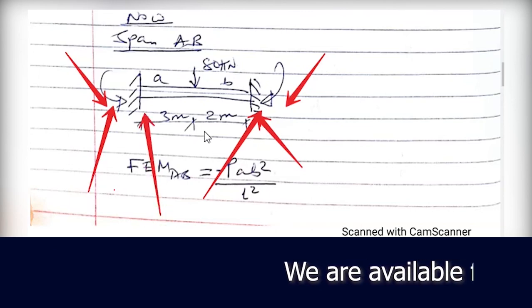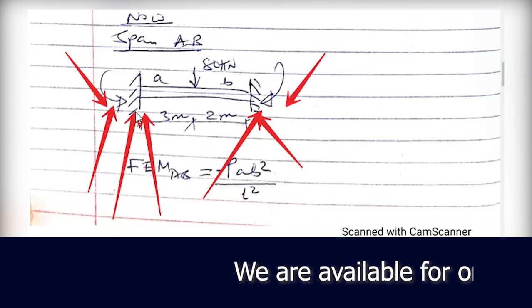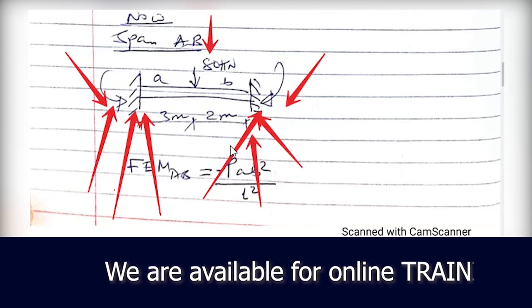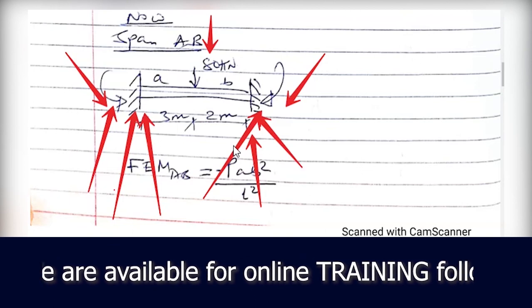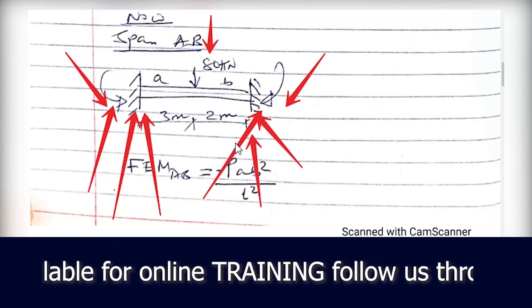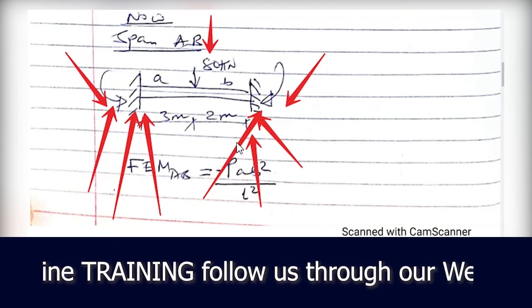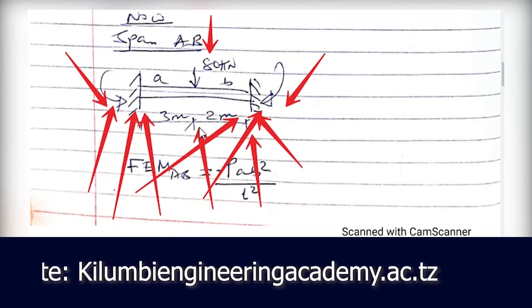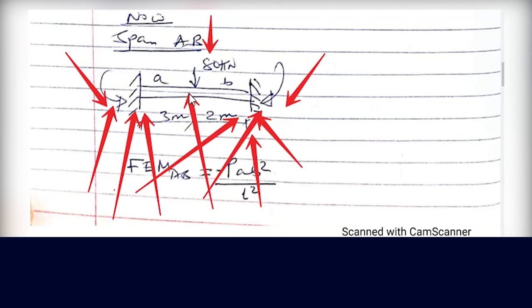Or the summation of the reaction at A and the reaction at B should be equal to the concentrated load of 80 kN. So you can have two known equations. One equation is through taking moment, another equation is the summation of vertical force at equilibrium. Solving the simultaneous equations, you can have the reaction at A and the reaction at B.